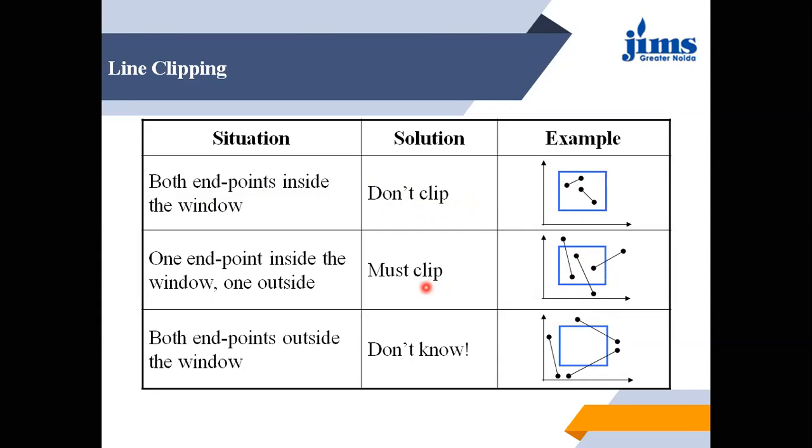It depends on where the second point is. In the third case, when both the points are outside, we also have to decide by the equation which part we have to clip and which part we do not.